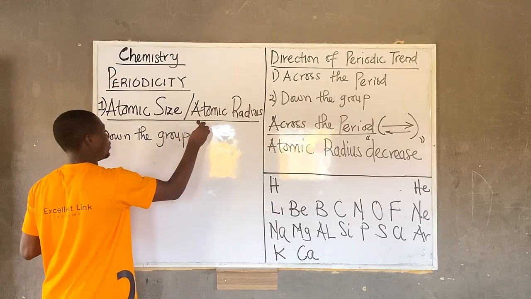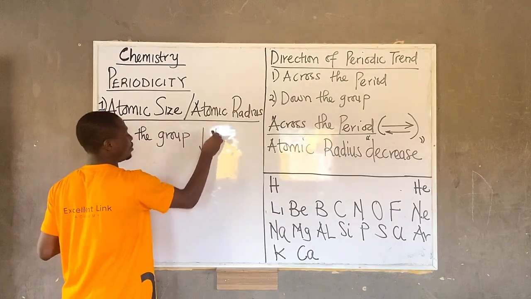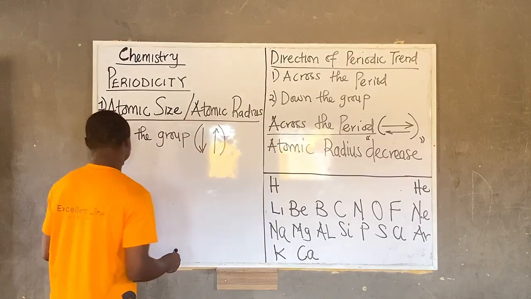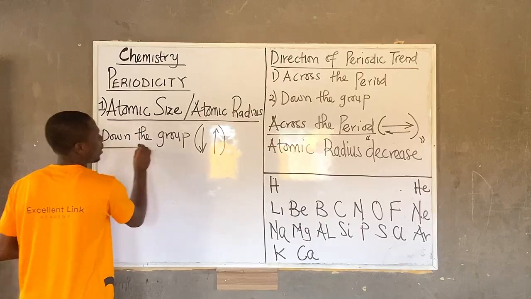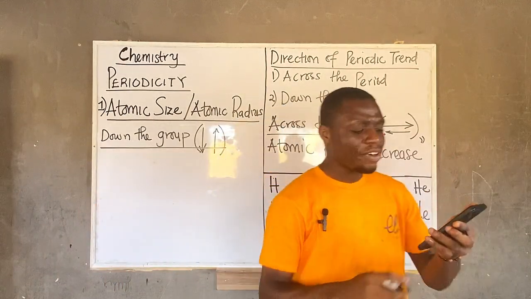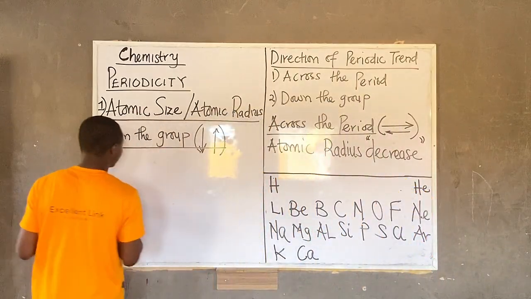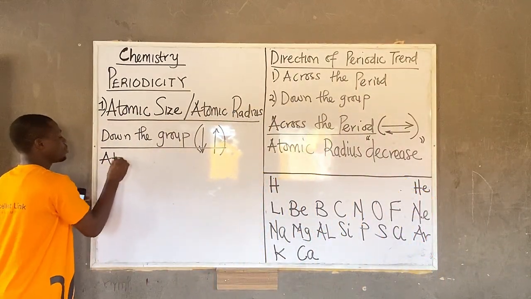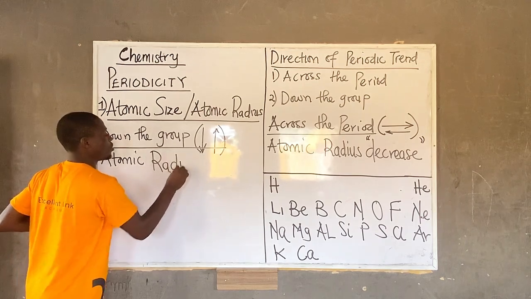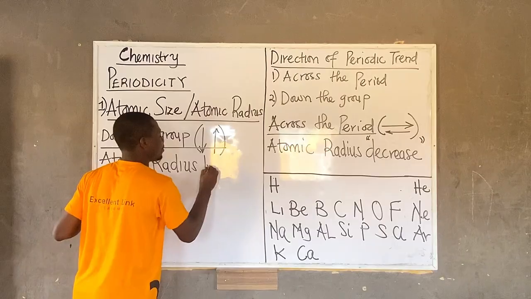For down the group, this is the arrow here, so I use this or this. What's the concept there? Down the group, atomic radius increases.